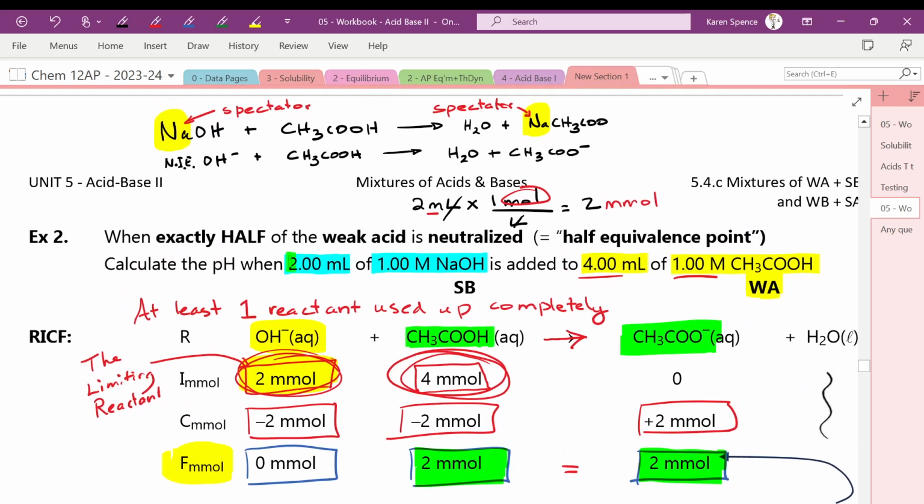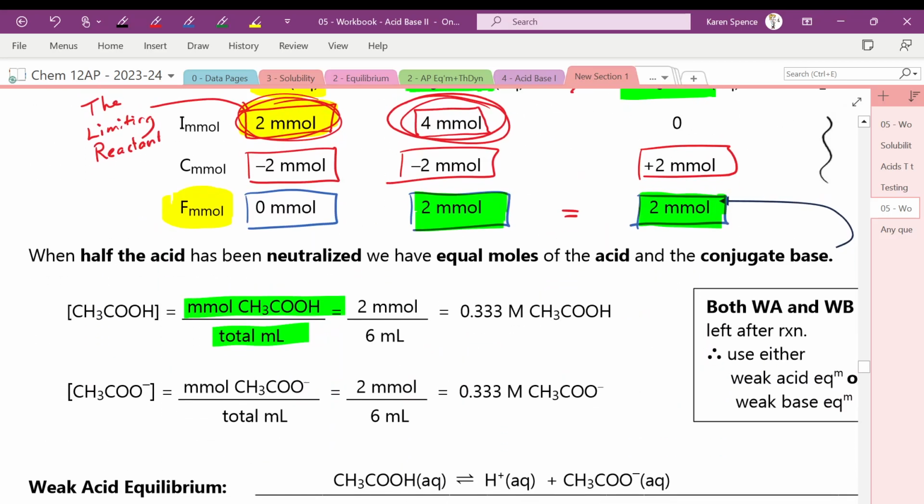We had 2 milliliters and 4 milliliters, so our total volume is 6. So 2 divided by 6 is 0.333. The math is the same for the conjugate base because half of it got changed into its conjugate base, so that is the same.